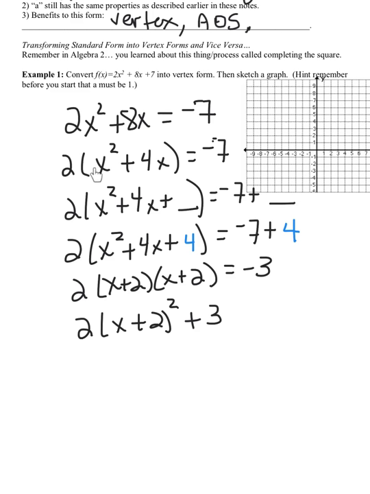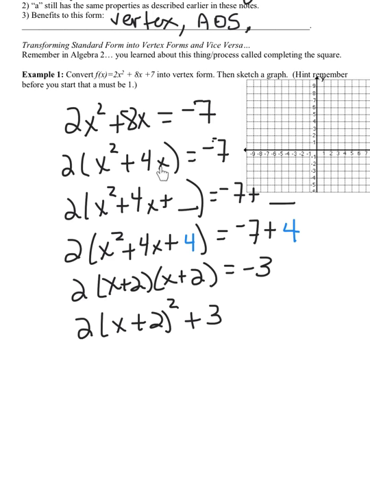So this value right here needs to be 1. The only way I can get that to happen is if I factor out this 2. So I'm going to divide it out and put it on the outside of these parentheses over to the side. Now I have x squared plus 4x inside the parentheses, and I still have that equal to negative 7.